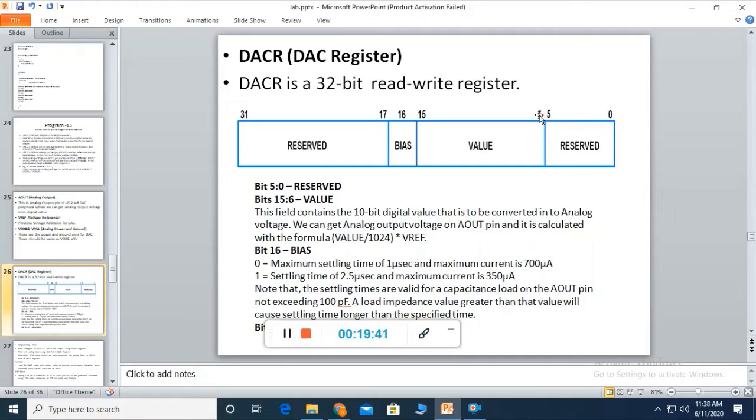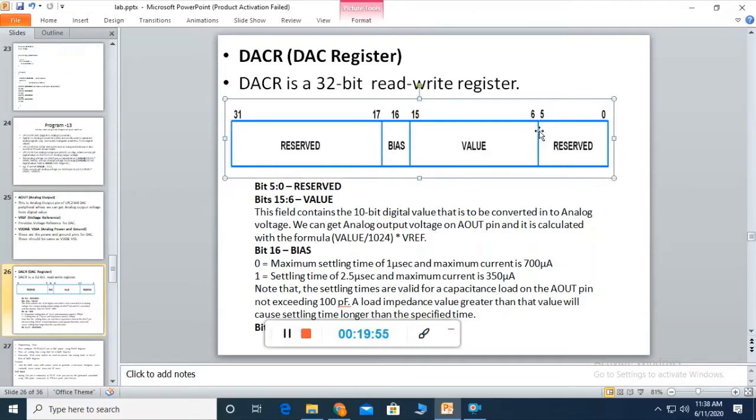And the next 10 bits, as I said, it accepts a 10-bit digital value and produces a corresponding output voltage. So bits 6 to 15, the 10 bits, are used to represent the digital input value you give.